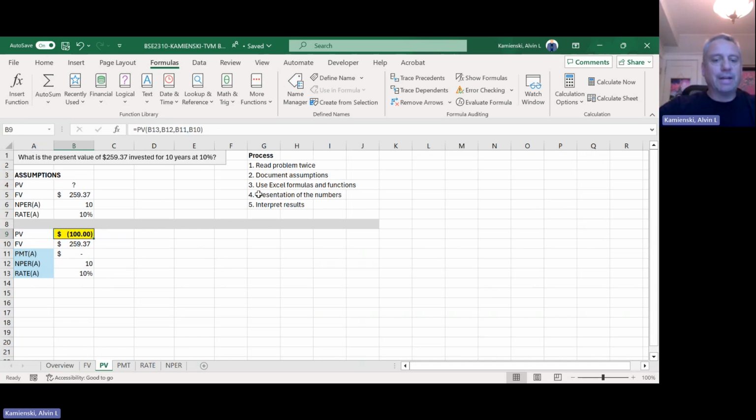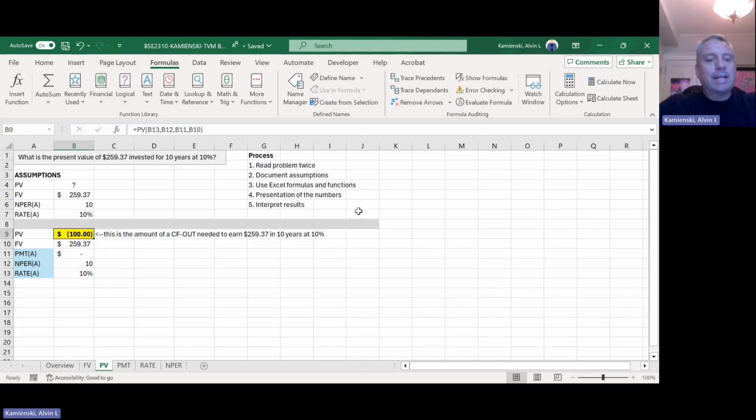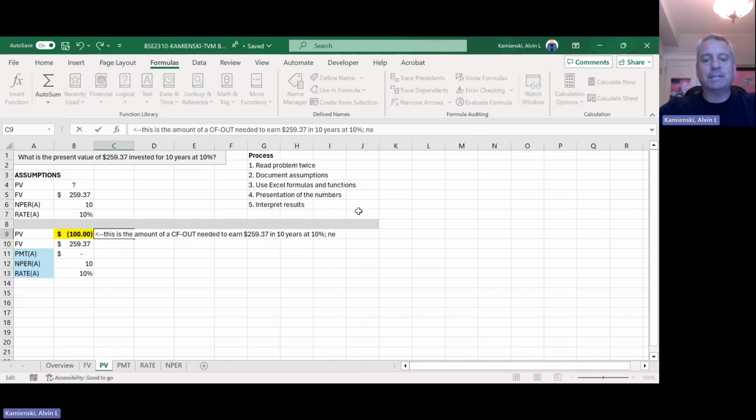The interpretation of that relies on us presenting the numbers right. There's one of two ways you can think about doing this. You can either indicate this is the amount of a cash flow out needed to earn 259.37 in 10 years at 10%. And I like the way that is indicated in Excel because remember, Excel needs a negative number for an investment.